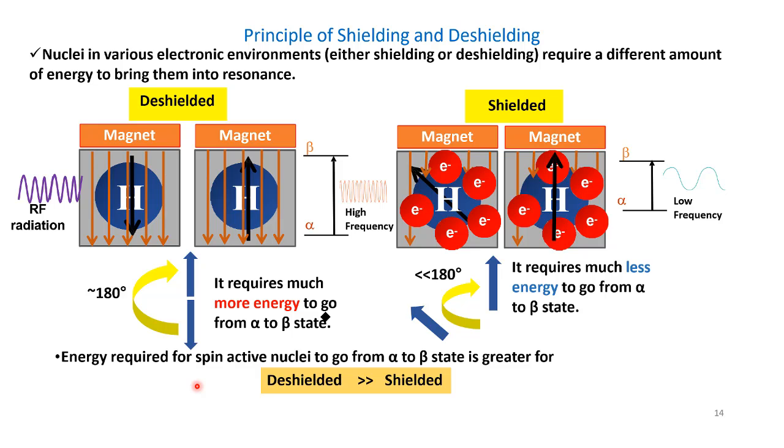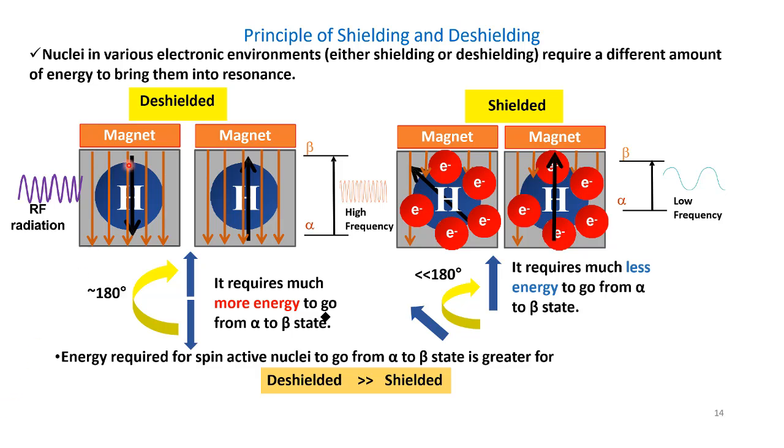So now the principle of shielding and deshielding. So what happens to the nucleus if it is in the deshielded form? Both deshielding and shielding require different amounts of energy for changing the spin.